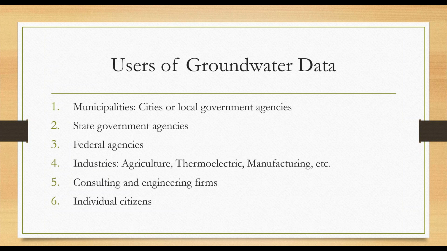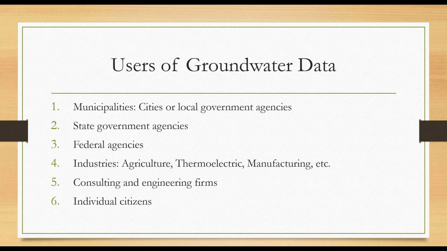Who uses USGS groundwater data? Quite a variety of users, from internal folks for research purposes. We also have folks from municipalities, those are cities or local government agencies. Also state government agencies.